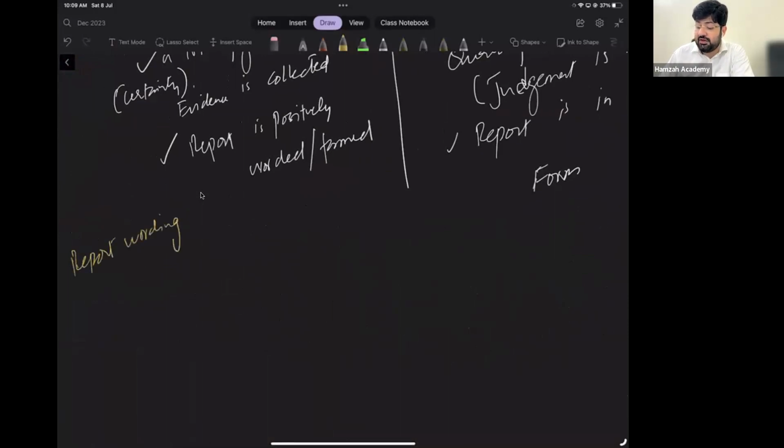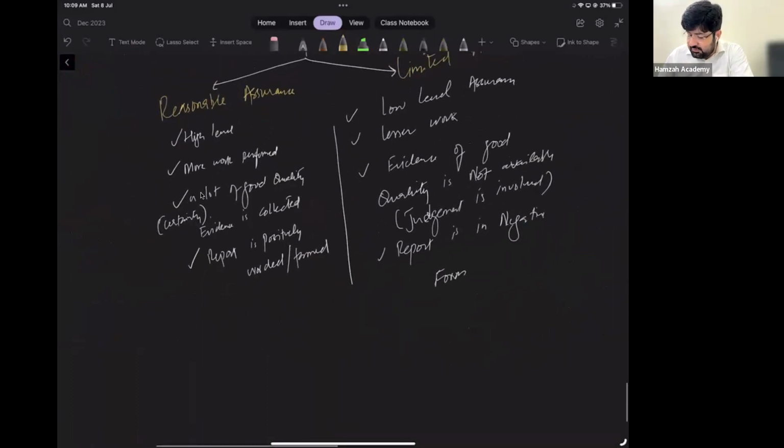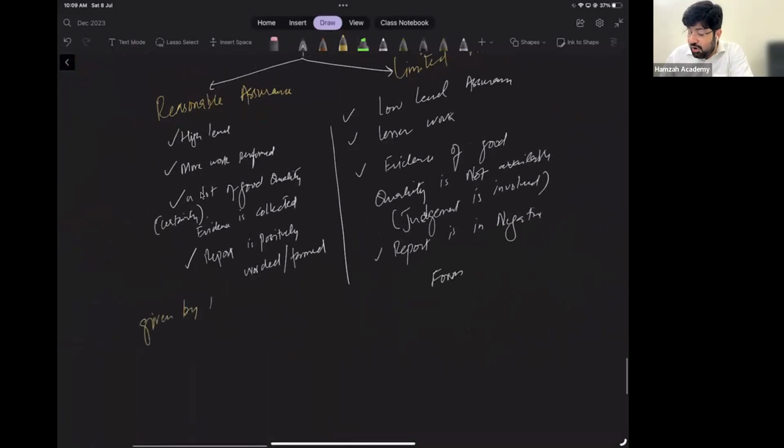It is given by the auditor in case of audit of financial statements. Audit of financial statements.